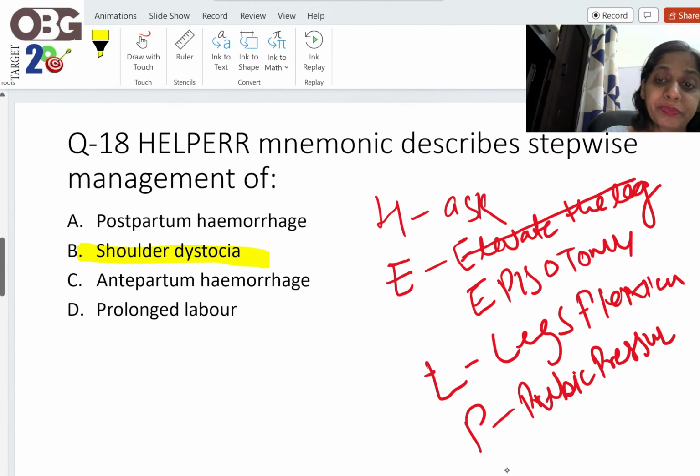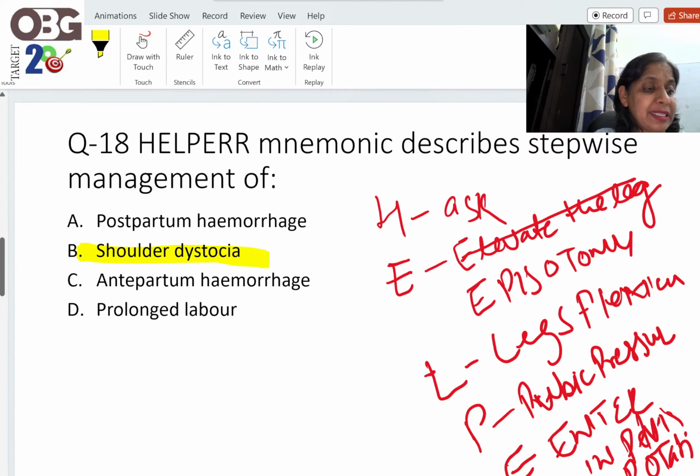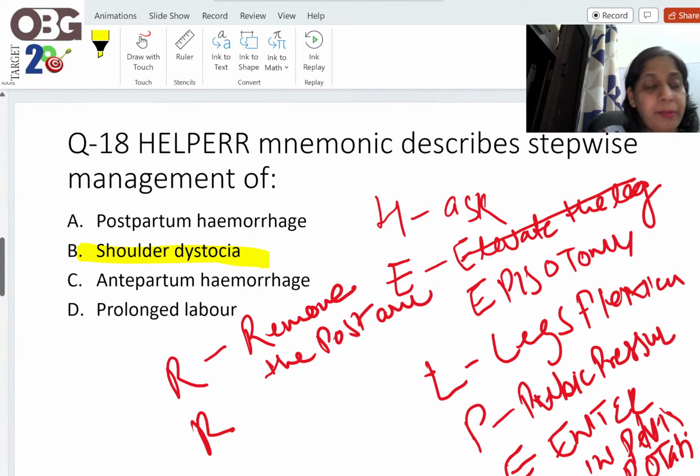And then E stands for enter the pelvis and do rotational maneuver. So you have to put your hand in the pelvis, okay? And double R stands for remove the posterior arm, and the next R stands for roll the patient to hands and knees.